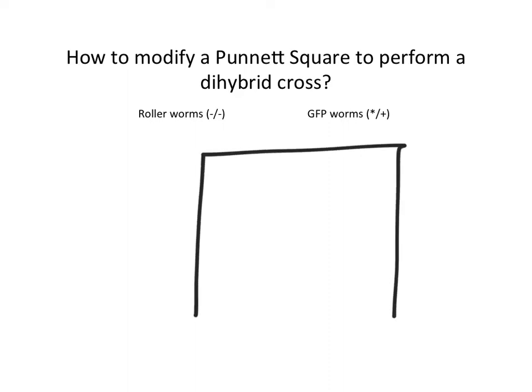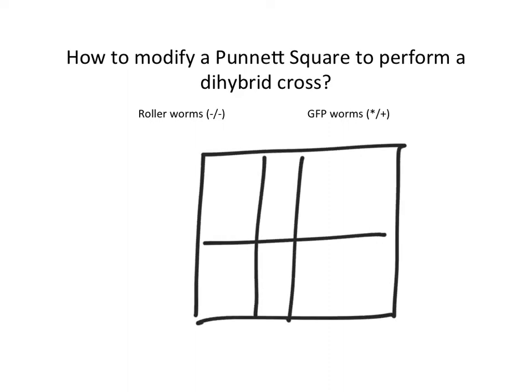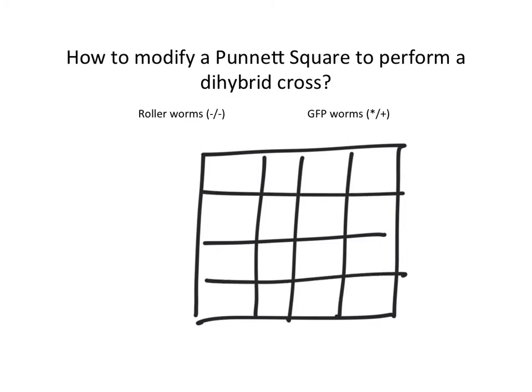Well, somebody said we've got a 4 by 4 Punnett square this time. So each of those rows and each of those columns has to represent what's in one of the 4 different meiotic products. So let's work on the x-axis first. We deal with the roller worm genotype first. Which genotype of the roller gene, it's minus over minus, which alleles are going to be contributed by a parent that has that genotype?